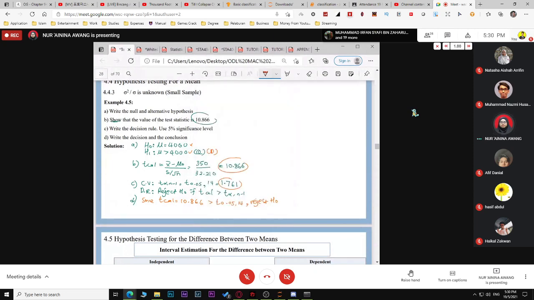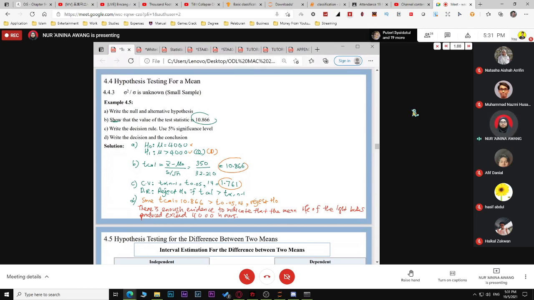So kita kata there is enough evidence to indicate that the mean life of the light bulb produce exceeds 4,000 hours. Okay, so this is how to answer the questions for hypothesis testing for one population mean.